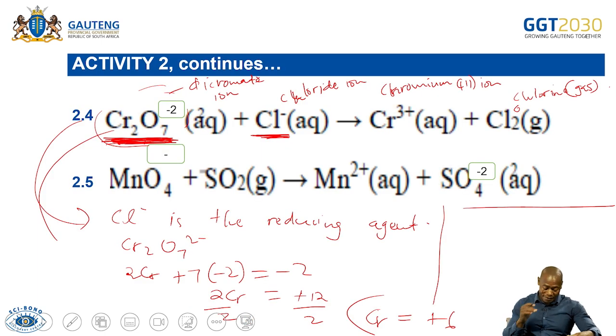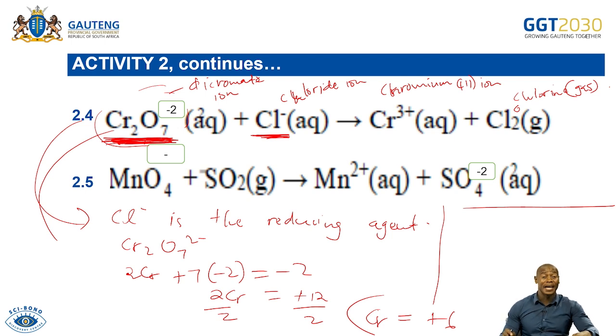Okay, here we have the oxidation number of chromium in the dichromate ion, which is positive 6. Here I have Cr2O7 2 minus.